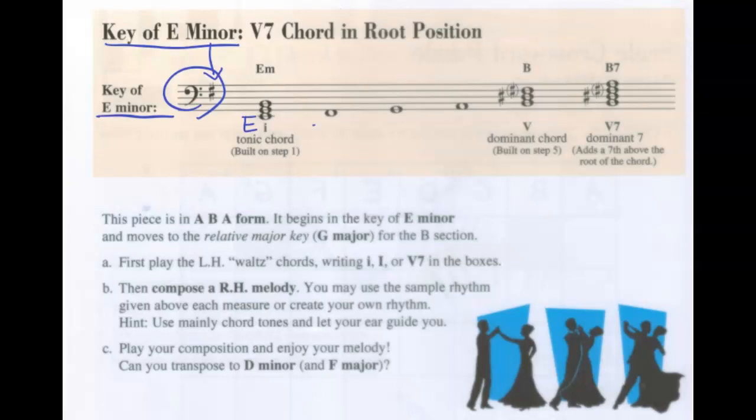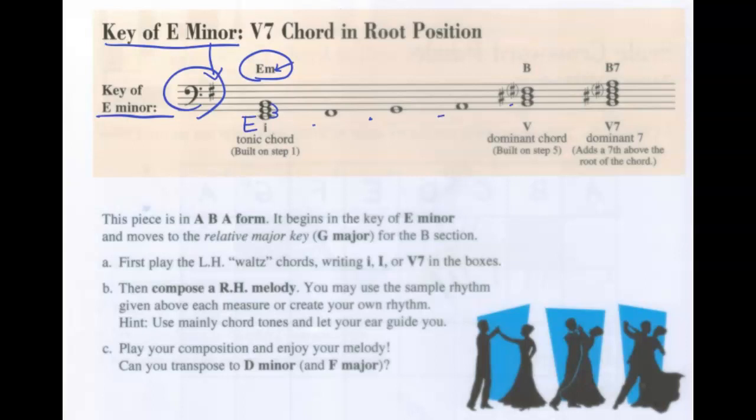E, F sharp, G, A, B. This is a 5-finger scale. And if you build a chord on scale step number 1 like this, E, G, B, this is an E minor chord. So E and a lowercase m here means it's minor.